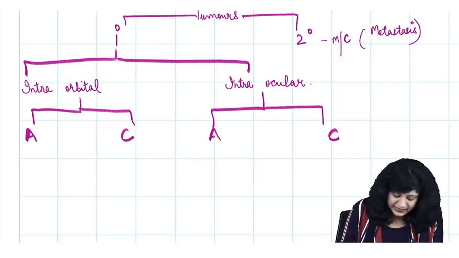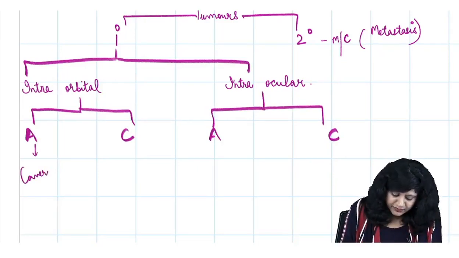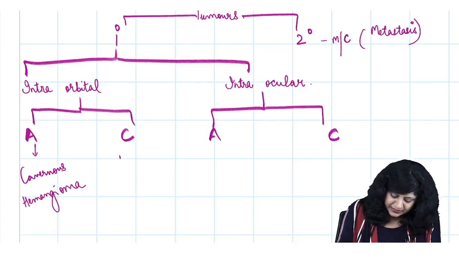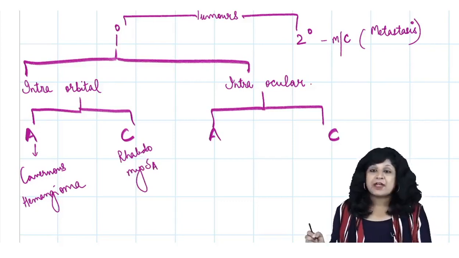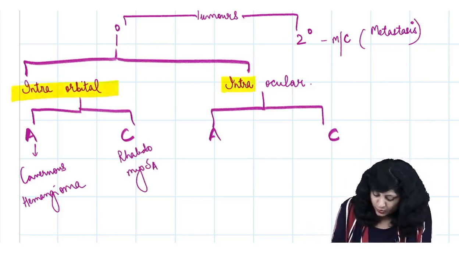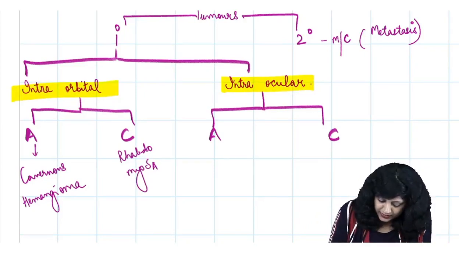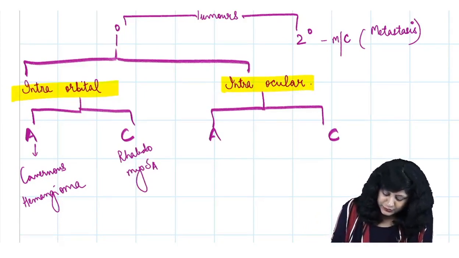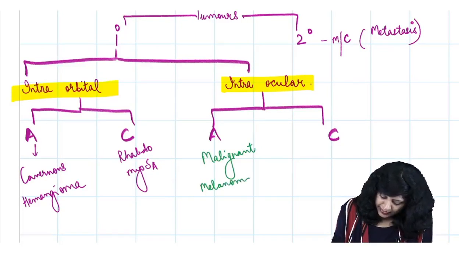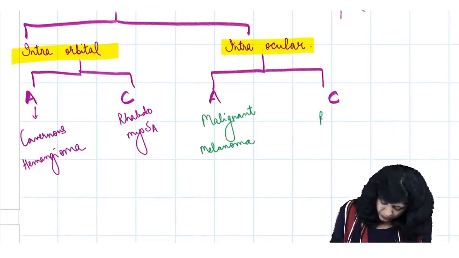So intraorbital in adults, it is the cavernous hemangioma, and intraorbital in children, it is the rhabdomyosarcoma. Similarly, if I am talking about the intraocular, intraocular in adults is the malignant melanoma, and intraocular in children is retinoblastoma.